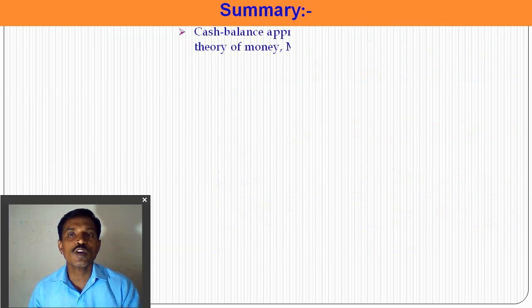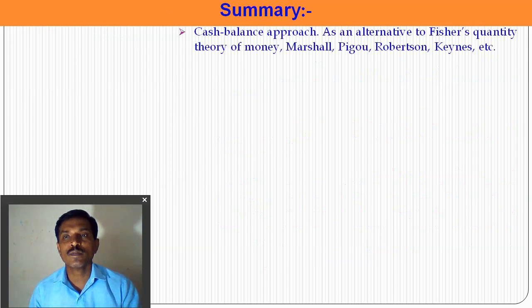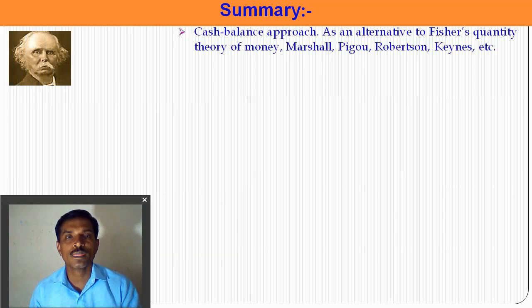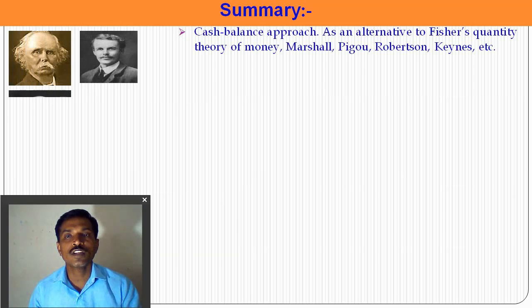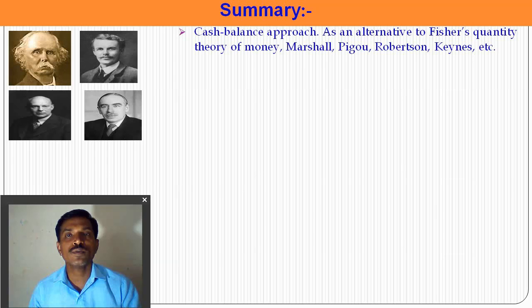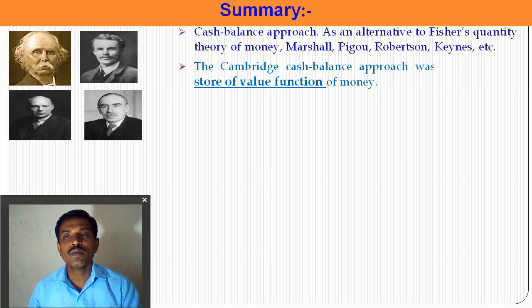So, a summary of this theory: the cash balance approach is an alternative to the Fisher equation theory of money. Marshall, Pigou, Robertson, Keynes, etc. explained the cash balance approach, and they explain their view that the demand for money decides the value of money. The Cambridge cash balance approach is based on the store of value function of money.